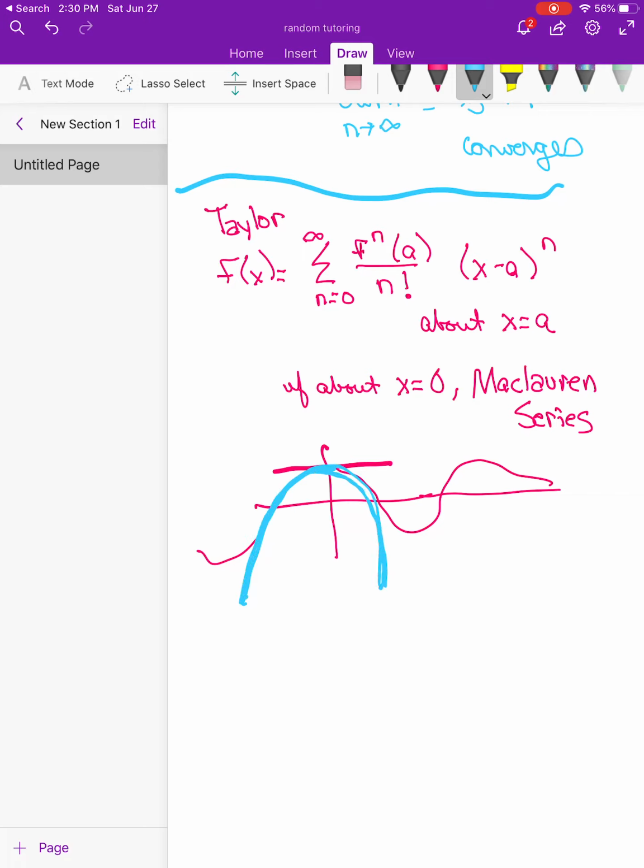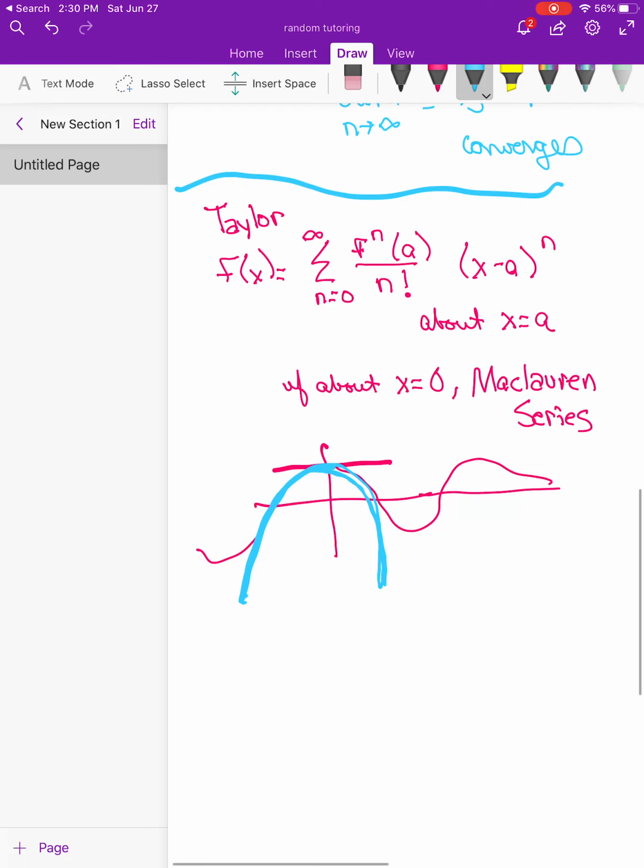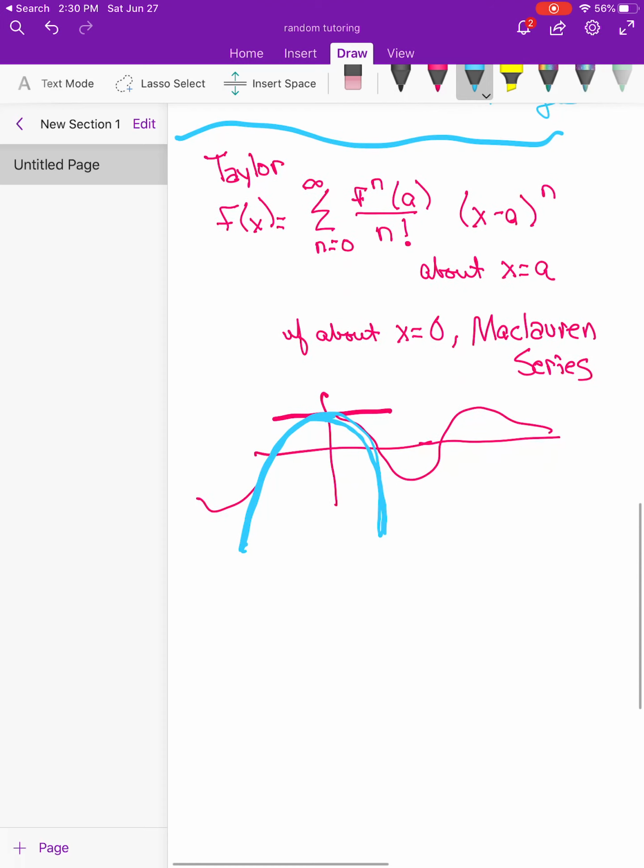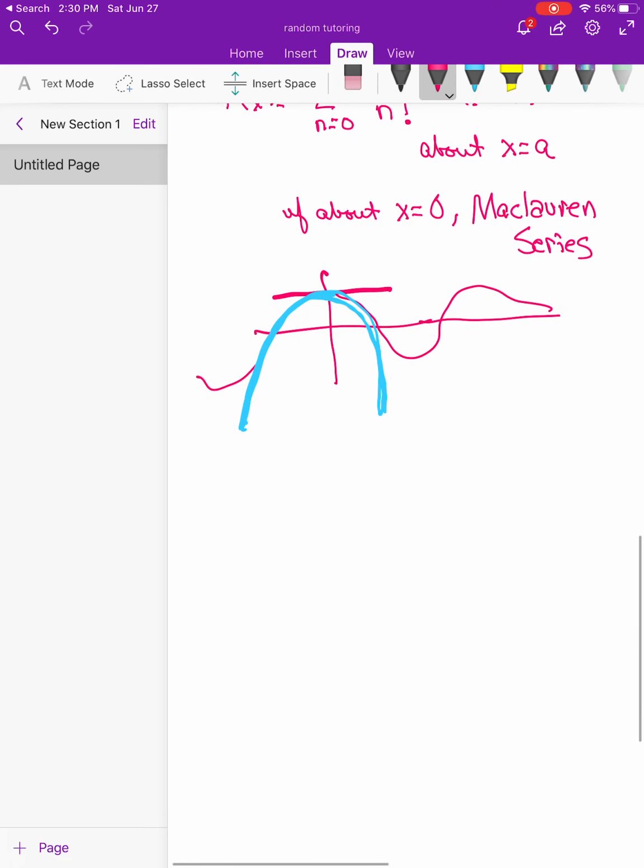That's a graph of a quadratic. So I'm looking for an overall formula that's going to model the original graph by taking several derivatives to get closer and closer to what it should be. So that's basically what a Taylor series is.